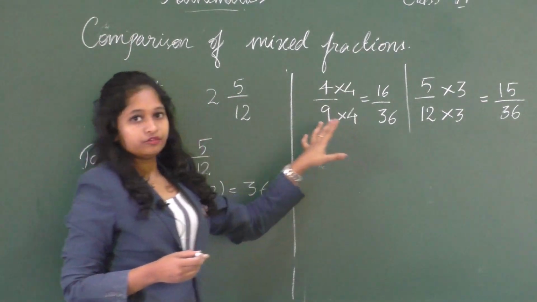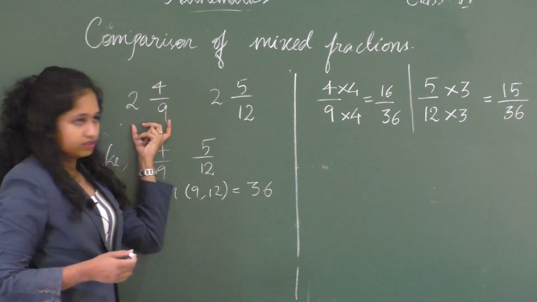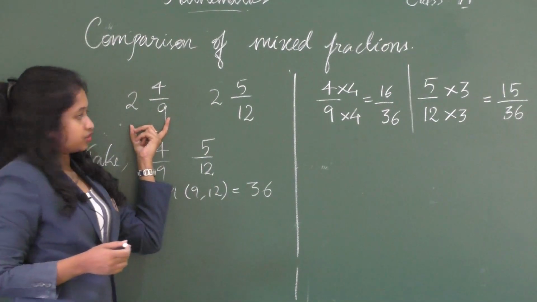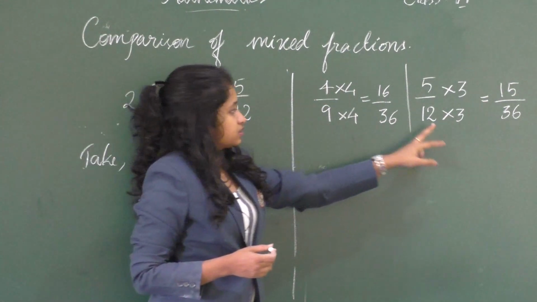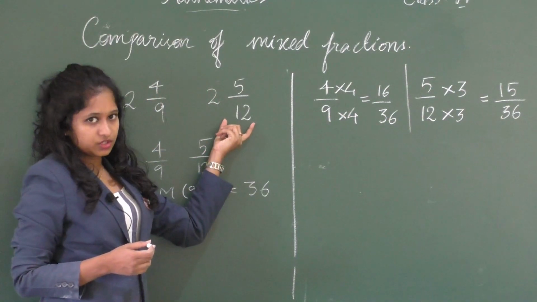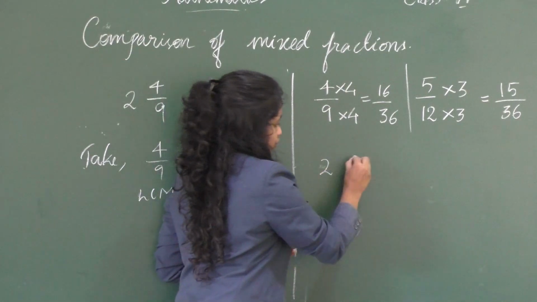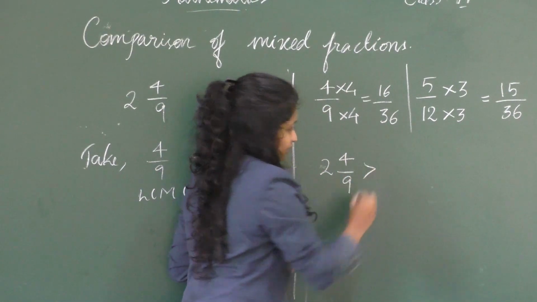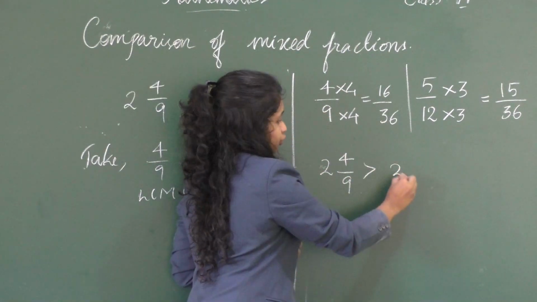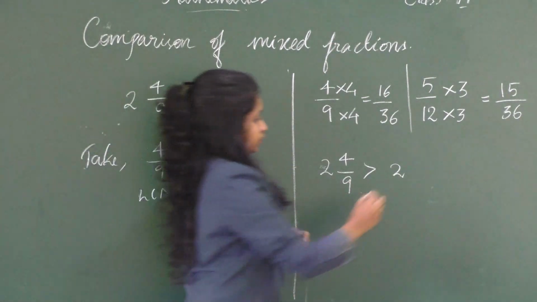So this one we had taken from this mixed fraction and this is of this one. So we can conclude that 2 4 by 9 is greater than 2 5 by 12.